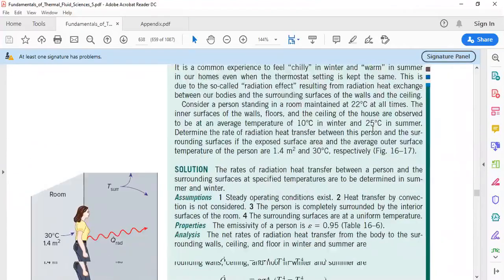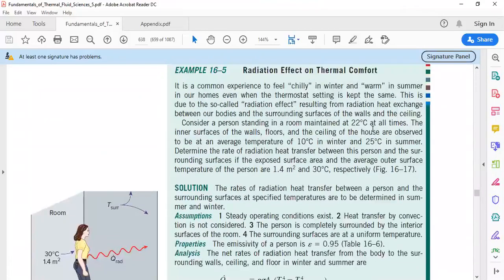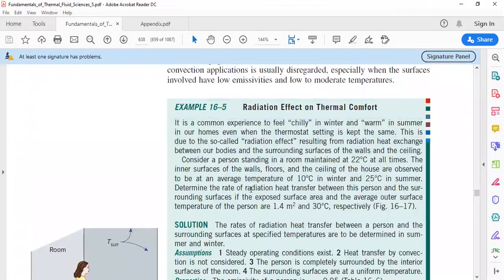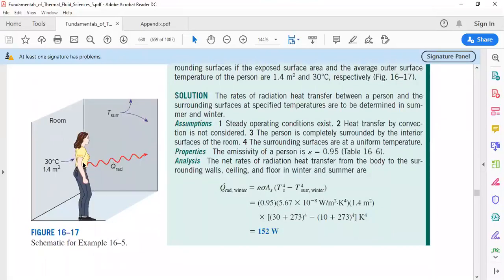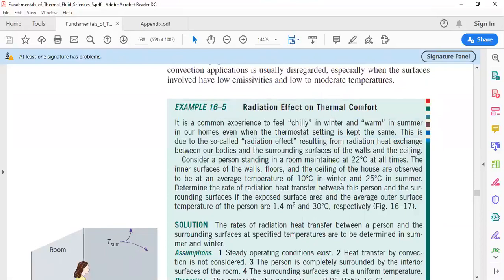Let's move to another example. Let's check example 16.5. It tells us that there's a girl standing in a room.